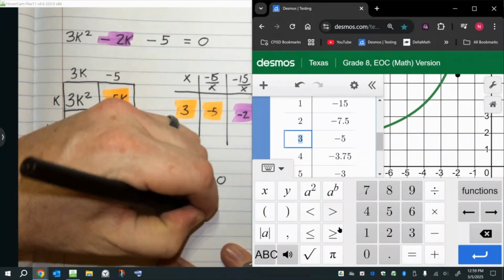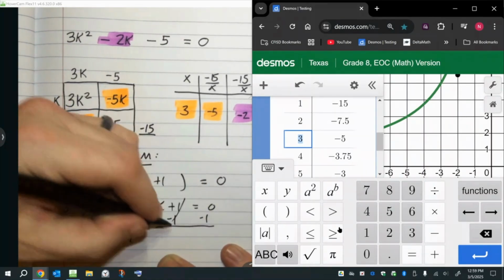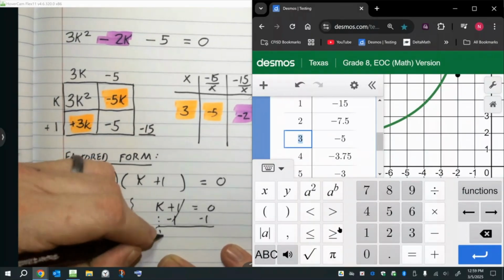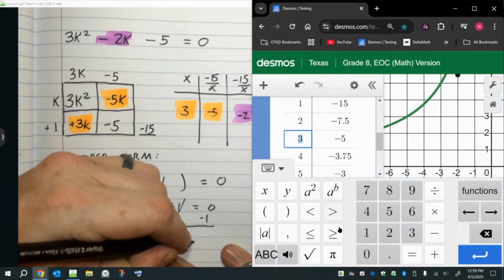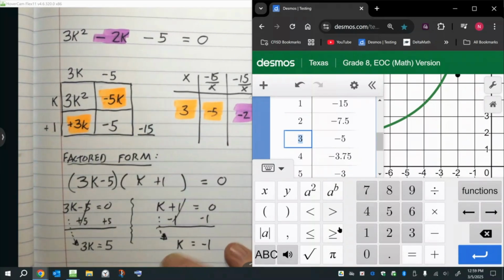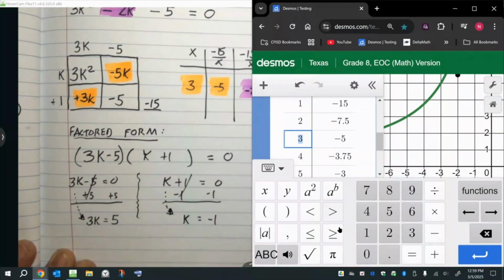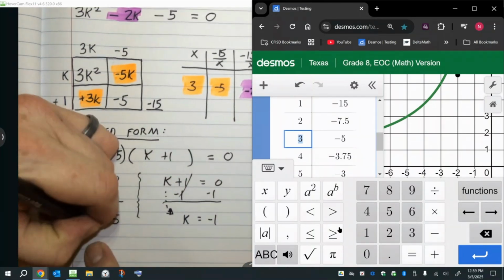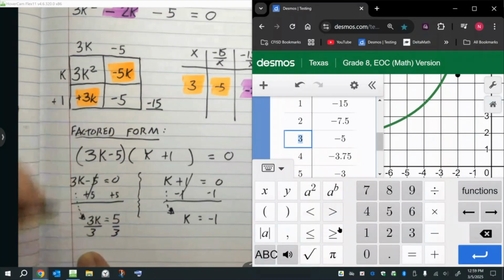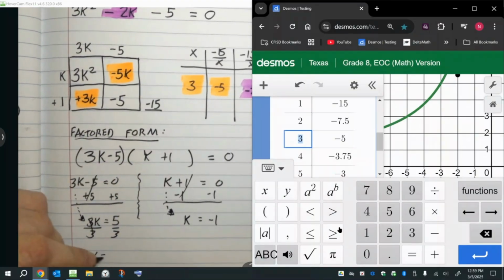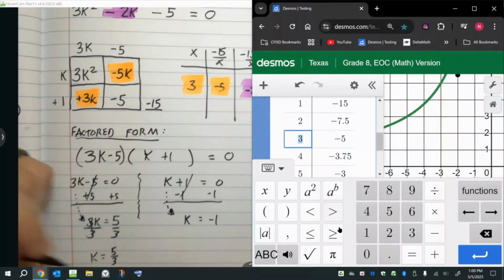Oh, subtract 1 over here. That cancels. Bring down my K. K equals -1. This one's done. However, this one's not. I still have a 3. So I need to divide by 3. And K is equal to 5 over 3.